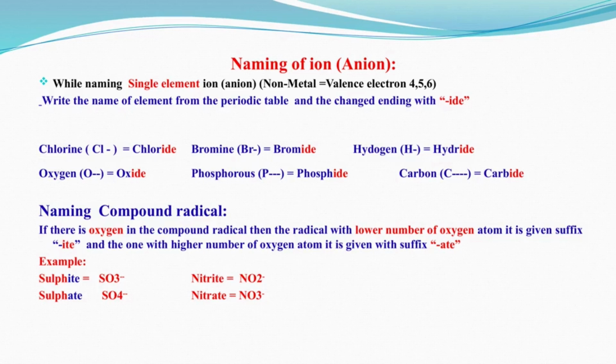We will study forming compounds later on. Here we have to understand that the naming of an ion is given by replacing or adding IDE at the end of the element. Is it clear? Other elements are also there, which we will discuss in a table in the next slide.